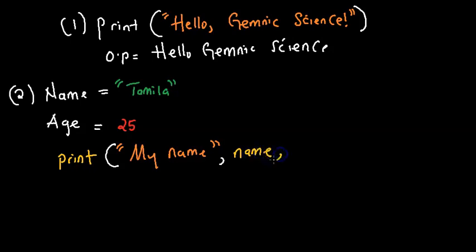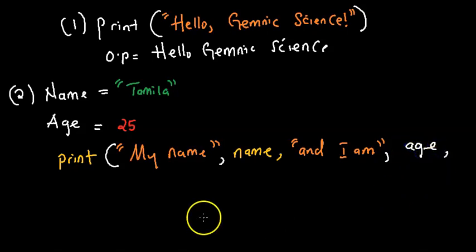Name, comma, and here comes double quotation, I am, here comes comma, and age, comma. Here comes double quotation, years old, full stop, double quotation. You close your bracket with the same color as this, which is white.